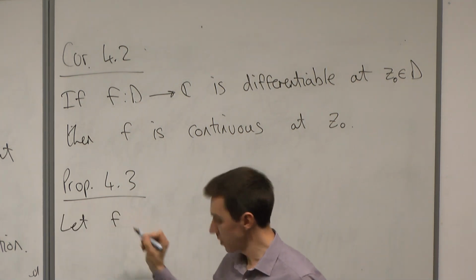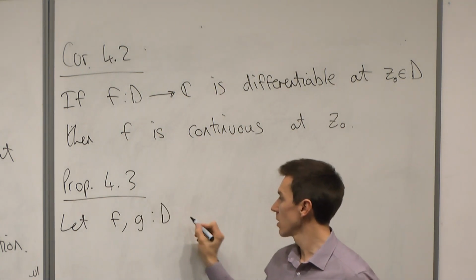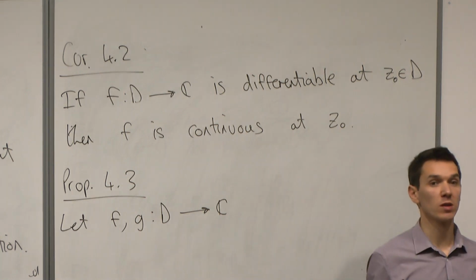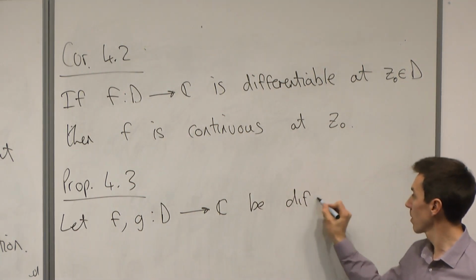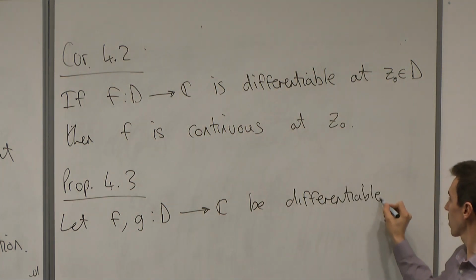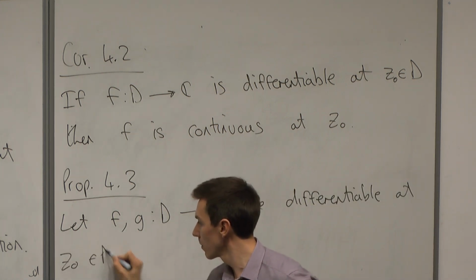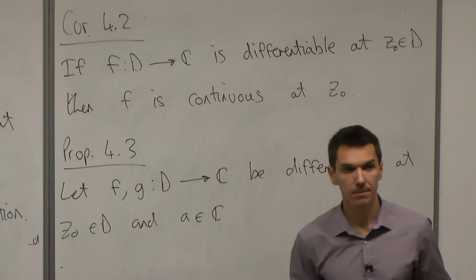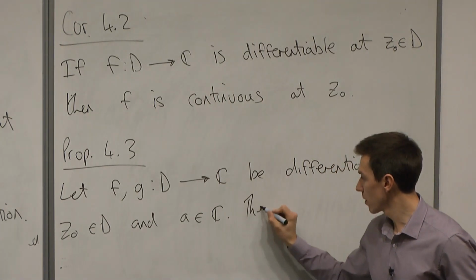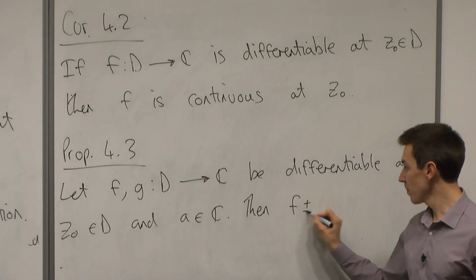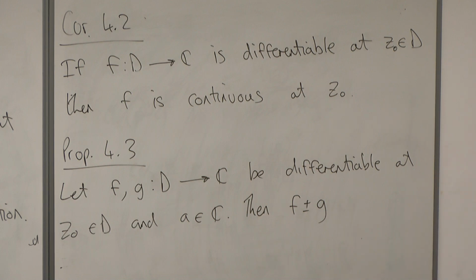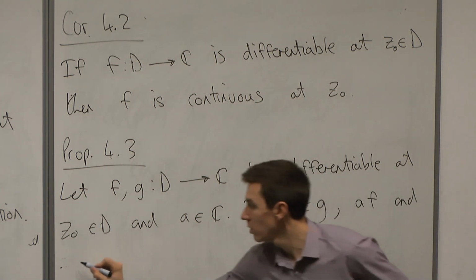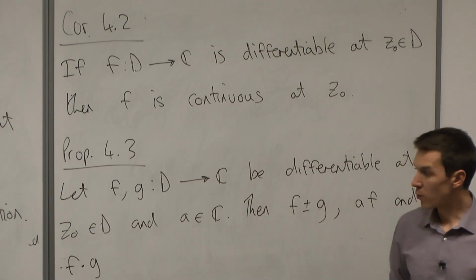So if we let two functions, f and g, be differentiable at the point z0, and if we have a complex number a, okay, then what we get is the sum or difference of f and g, a multiplied by f, yes, so the complex number multiplied by the function f, and the product of f and g, are also differentiable at z0.